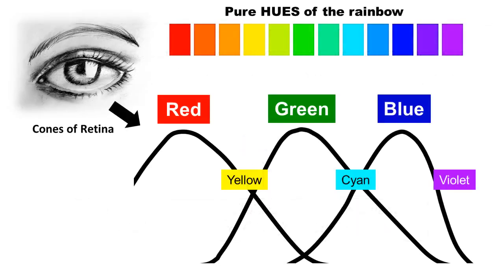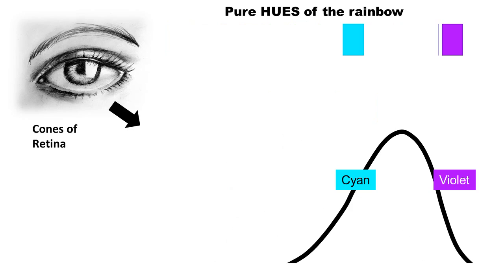In the case we've just seen, the cyan and magenta or cyan and violet squares were so small that each set of cones in the eye received two wavelengths of light, cyan and magenta or violet. Our brain averages these two wavelengths and creates an intermediate colour, blue.